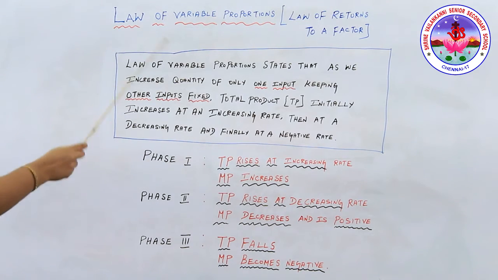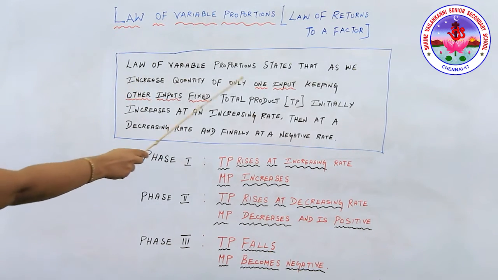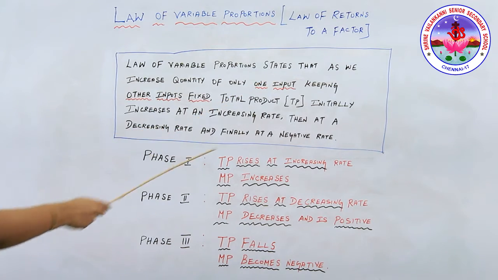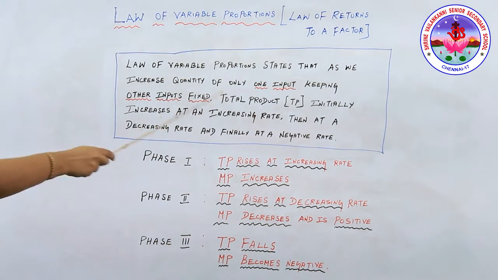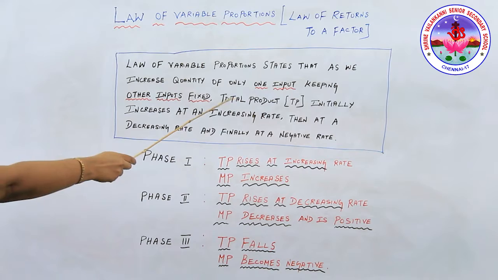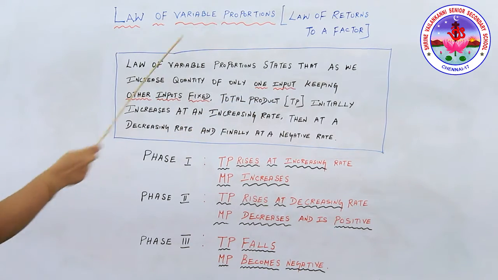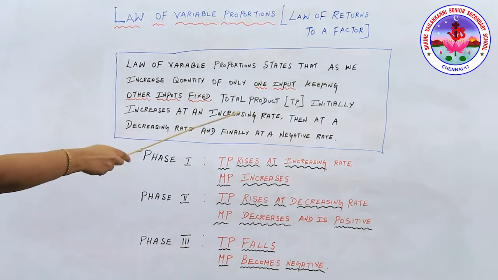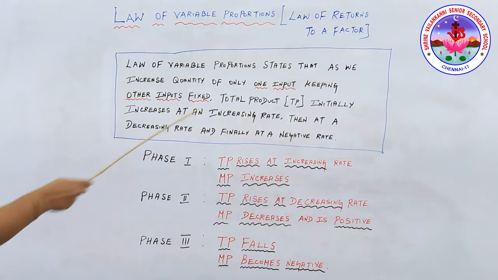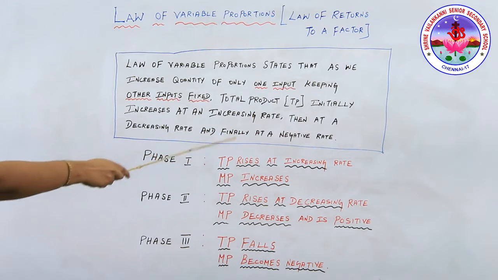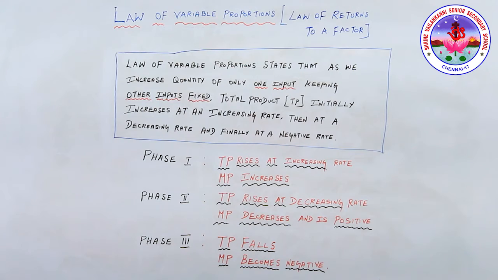So in this, we are going to increase only one input and keep the other input fixed. So what will happen to the TP? The total product TP initially will increase at an increasing rate, then at a decreasing rate, and finally at a negative rate. Before going with this, let's see what is the law of returns to a factor.